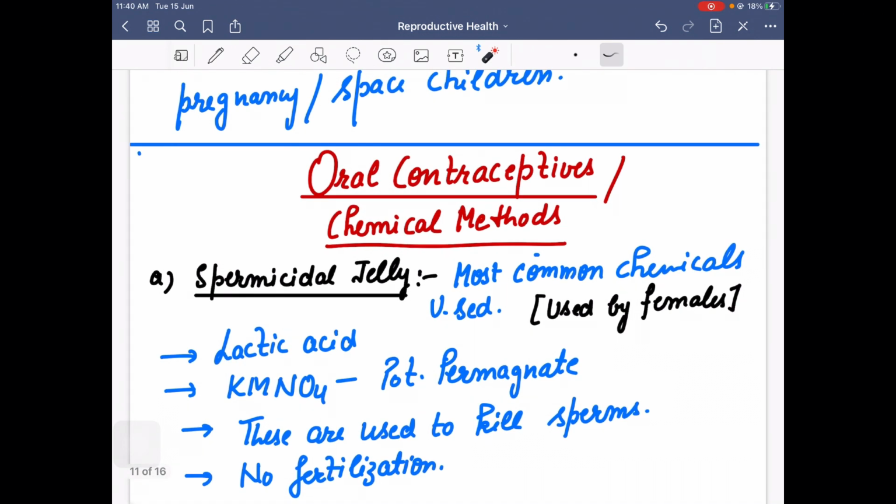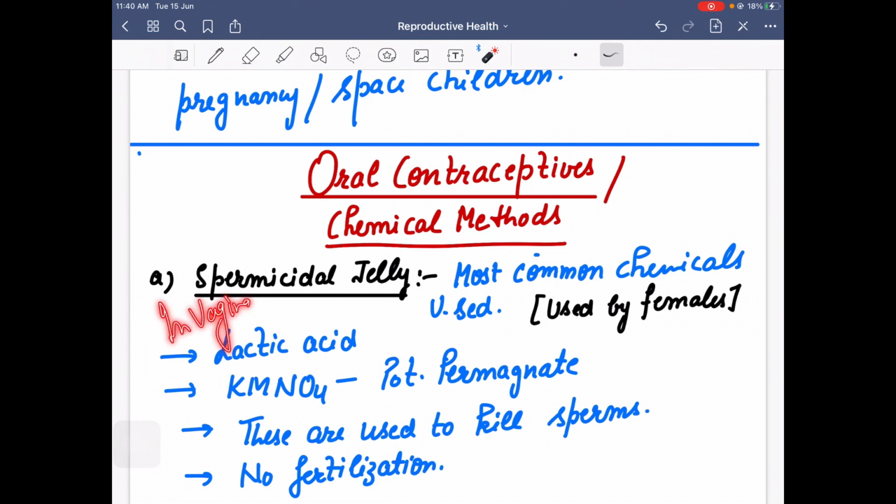We also have spermicidal jelly, which includes both the oral as well as the chemical method. Spermicidal jelly is the most common chemical used. It is used by females, because the sperms are deposited in the vagina.